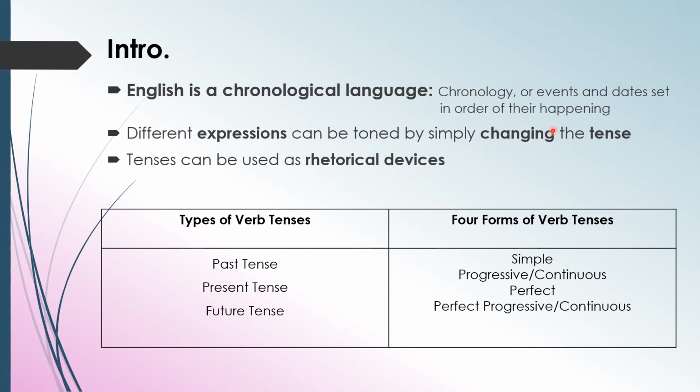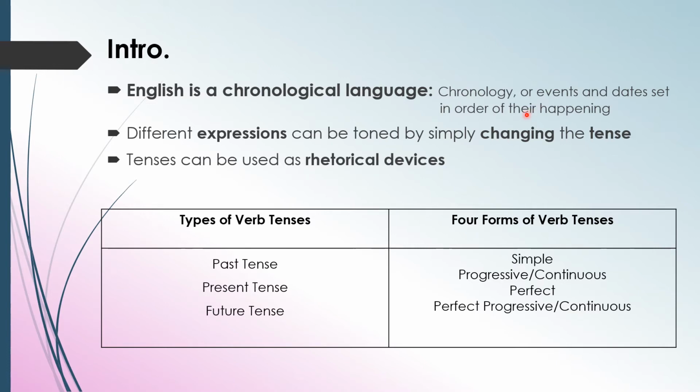So in order to communicate in English, we need to understand that in order to have the action, we need chronology of events and dates. Then we can understand the situation, the context, the daily life application of this language.